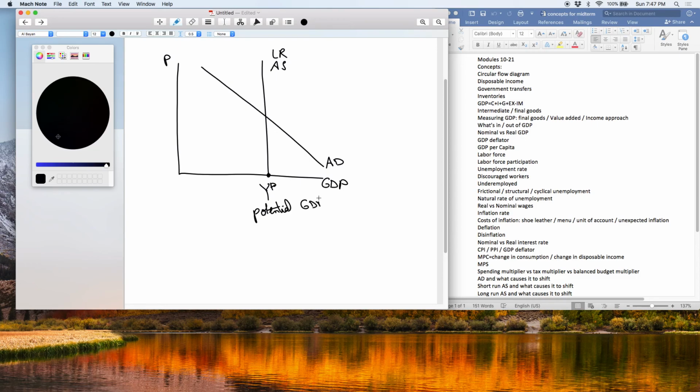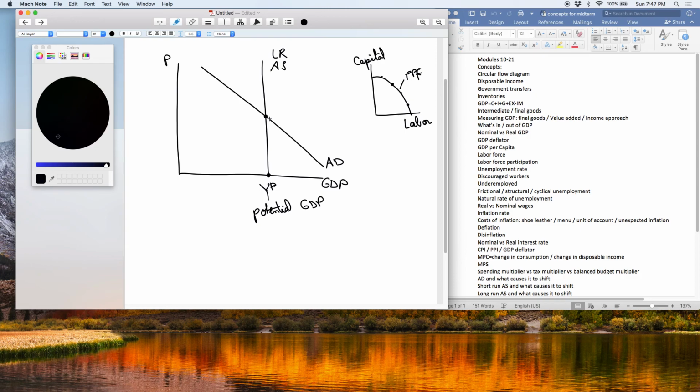That's your max that you can produce, okay? So the classical approach assumes you're always on your potential, or in other words, if you recall when we were talking about the production possibilities frontier, where let's say you have labor and capital, right? So the classical approach always assumes you're on your PPF, okay?